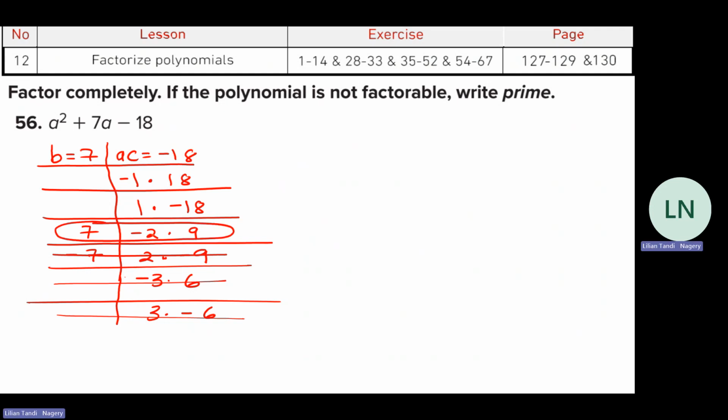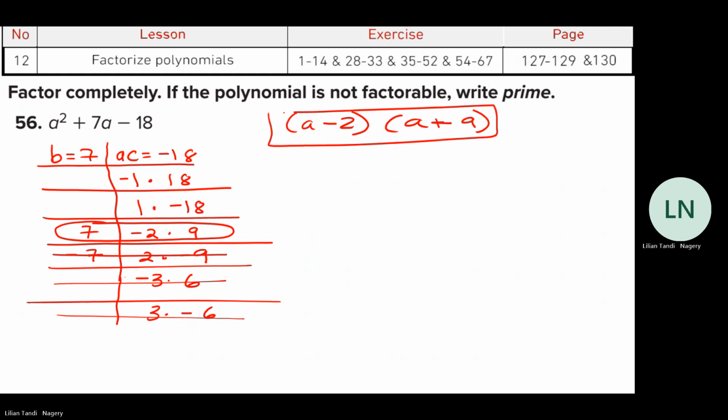So in my jedwal, the way the numbers appear, I put them in the bracket. So that will be A minus 2 and A plus 9. Okay? So this is my answer. When you do this in the calculator, you will get A equals 2, and A equals -9.